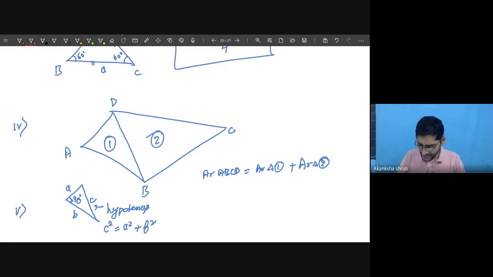But this is applicable only for a right angle triangle. If the 90 degrees is not given, then this formula is not applicable. But if it is given, then we need to apply this for calculating the third side. Then you can apply Heron's formula or another formula, whichever is required.